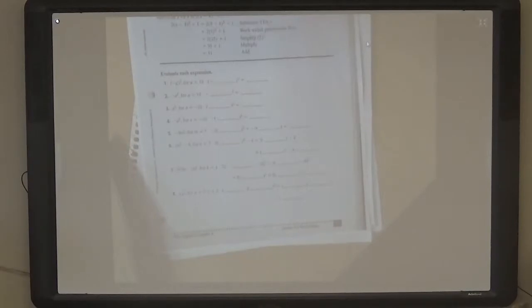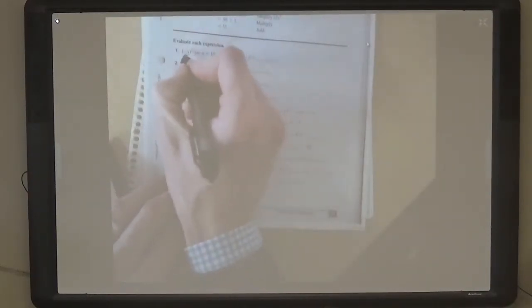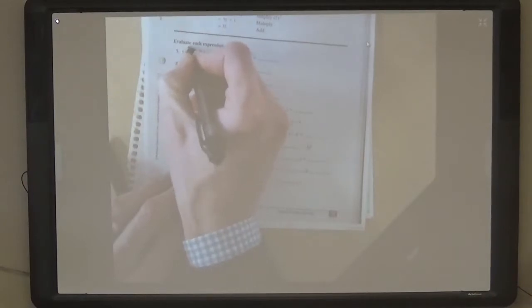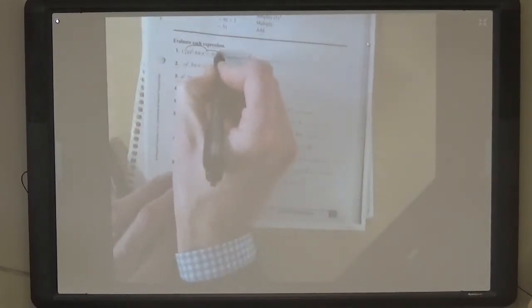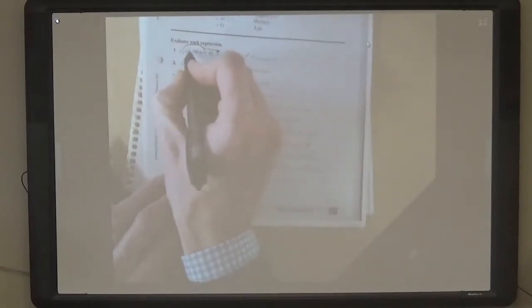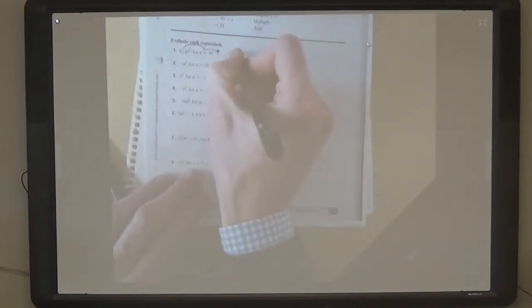What is the number for a that's given? What number are we supposed to use for a to evaluate that? Megan? 10. Yep. So, on the line, this negative sign is inside the parentheses, then the 10.